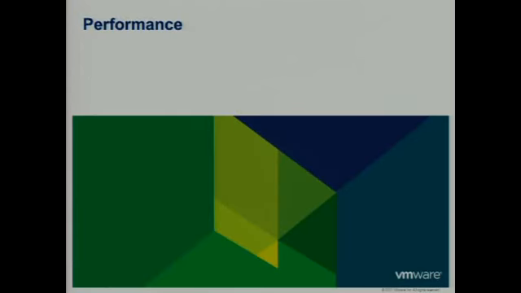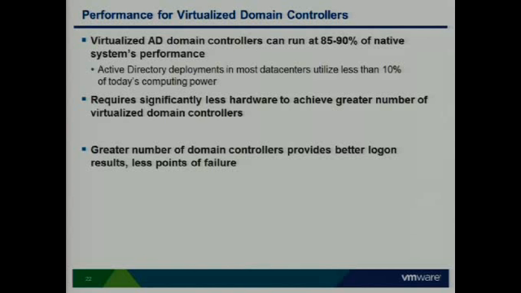So from the performance side of the house, as we look at the implementation of AD, virtualized AD domain controllers typically can run at about 85 to 90% of the native physical box's capacity or capabilities, right? So everybody panics on that and says, at the end of the day, no matter how you slice it, if you put ESXi on a physical server, the guests that are running inside of that ESX host will never, ever, ever see 100% of the capacity of that box, because you've got the overhead of the ESX hypervisor running on that machine.